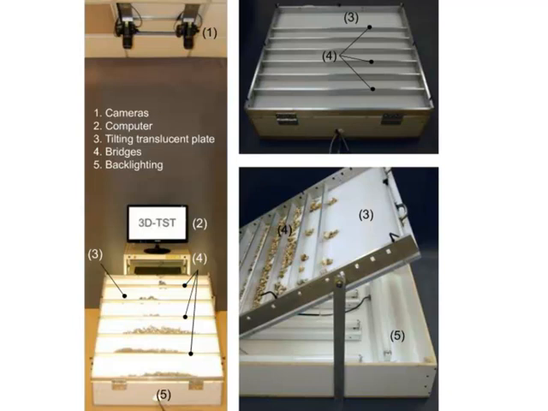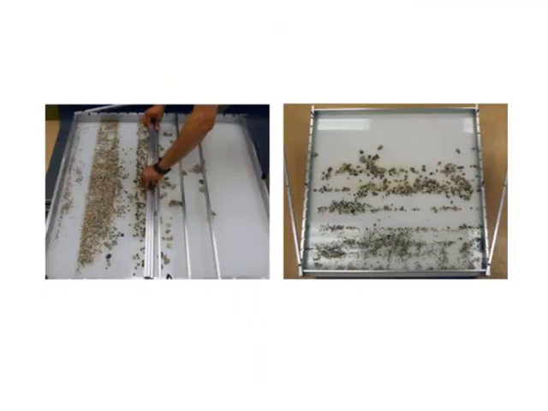So essentially it's like a one-dimensional sieve, but we're not sieving here for the purpose of identifying the sizes. The reason that we're doing this is to separate the particles in such a way that the little particles will not be able to hide beneath the bigger particles. And then you can see in the upper left of the slide that there are cameras mounted in the surface that will photograph the soil particles, and it will photograph those soil particles after we lower the table and remove the bridges.